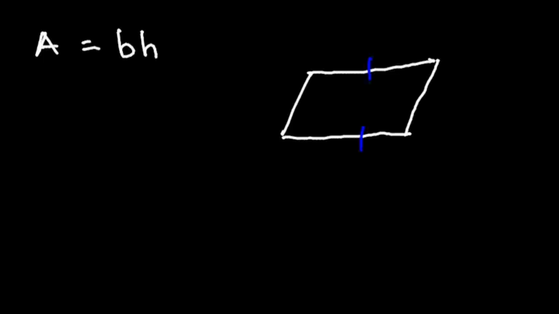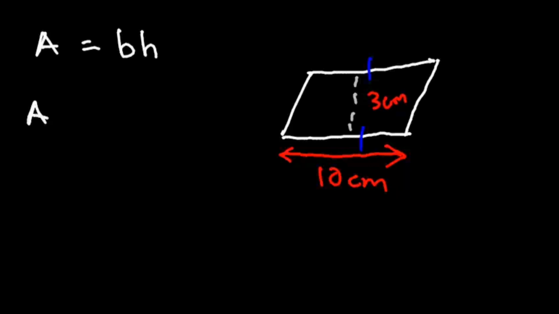The formula is area equals base times height. The line through the middle will be once again representing the height. The base will be 10 centimeters and the height will be 3 centimeters.